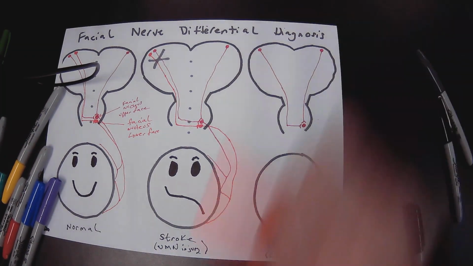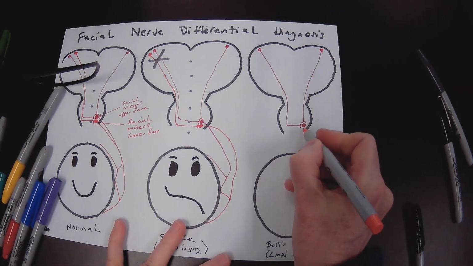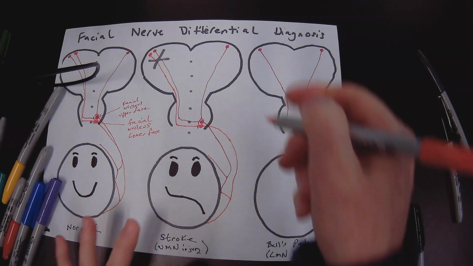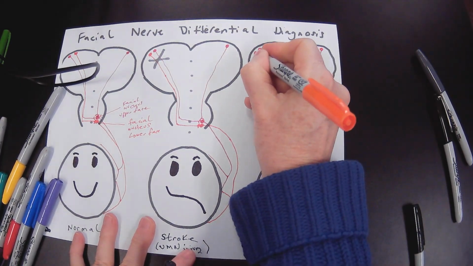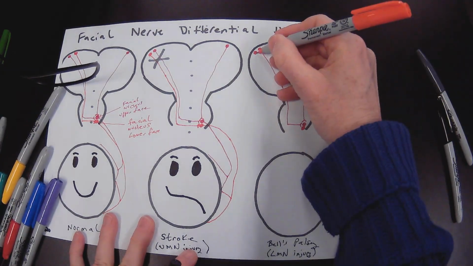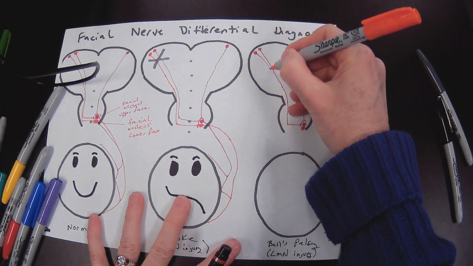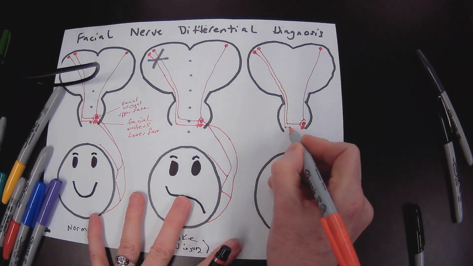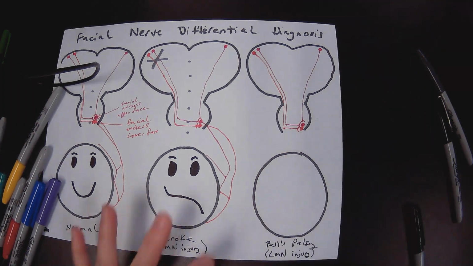Then the lower face division has a nucleus and a contralateral upper motor neuron. Axons come down ipsilaterally and then decussate at the level of the nucleus.